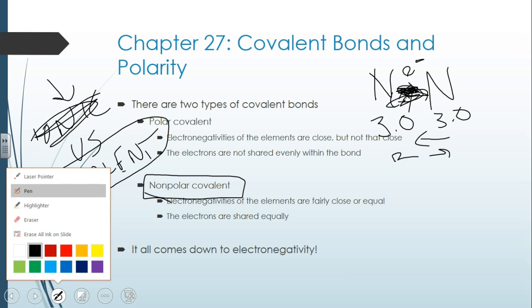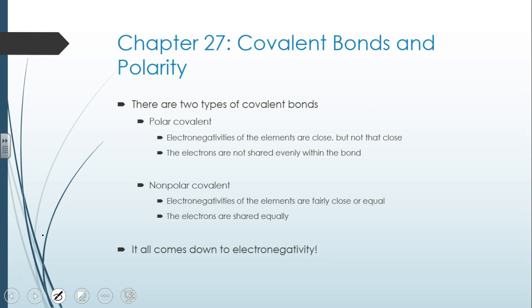Now let's talk a little bit about polar covalent. What if we have something like carbon bonded, and I'm going to just show the electrons here as a line, to chlorine? Carbon has an electronegativity of 2.5. Chlorine has an electronegativity of somewhere around 3.5, something like that. The point is their electronegativities are different.